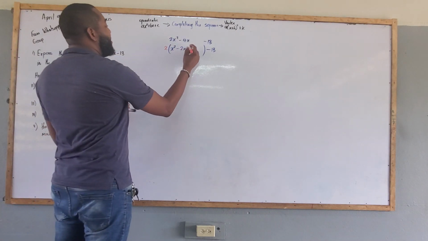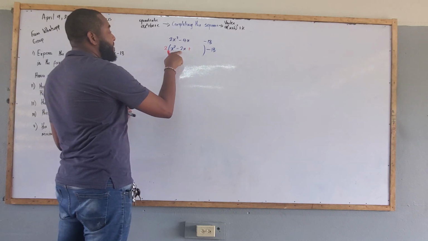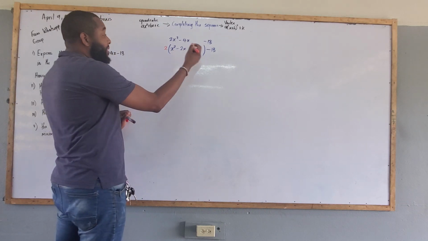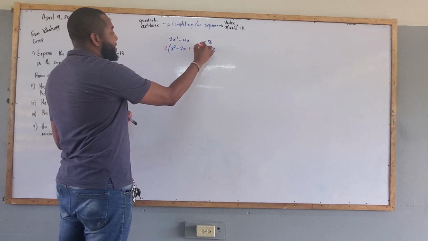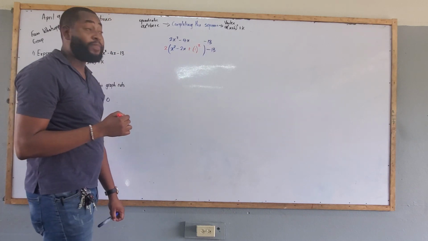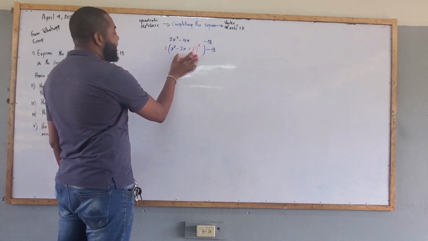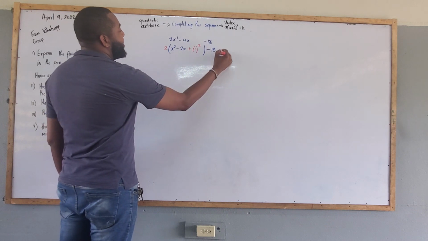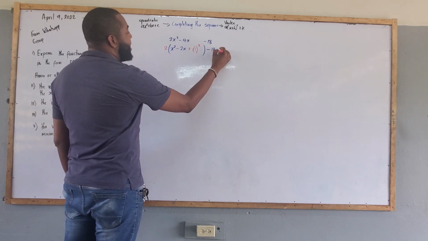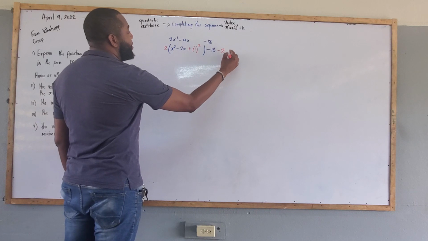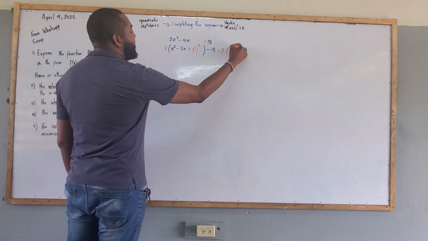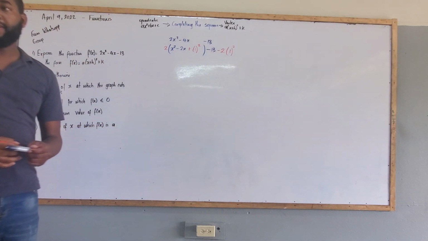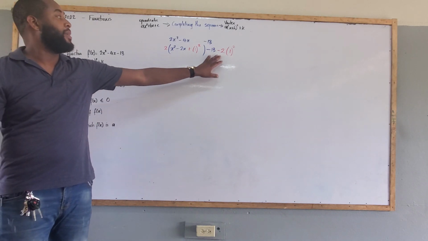So what goes here now is a half. I'm going to add here half of this number. Half of 2 is 1, and we square it. But remember, everything inside the bracket gets multiplied by 2. If I added something that was not there, I'm going to have to subtract it out, but it's going to be 2 times everything that I just added, 1 squared. The 2 is important because there's a 2 subtracted.